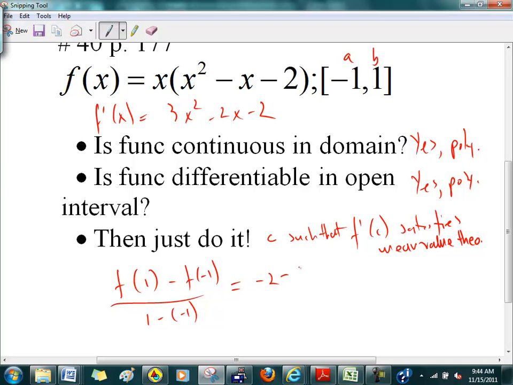You can see it there because there's no prime on the f's. So f of negative 1 is 0. So negative 2 over 2, which is equal to negative 1. Then you're going to set this equal to f prime, which is this. So set it equal to 3x squared minus 2x minus 2.